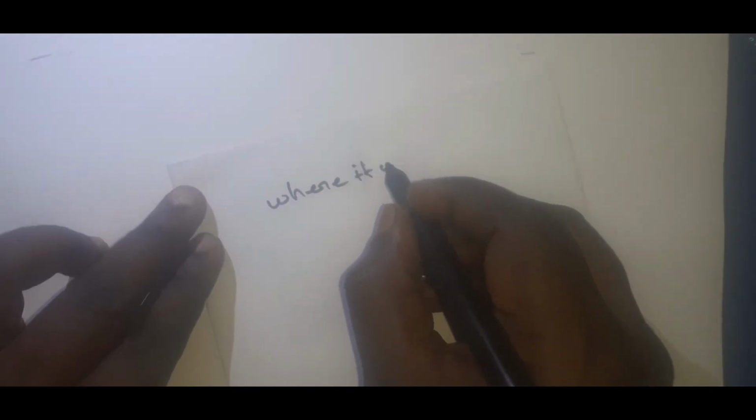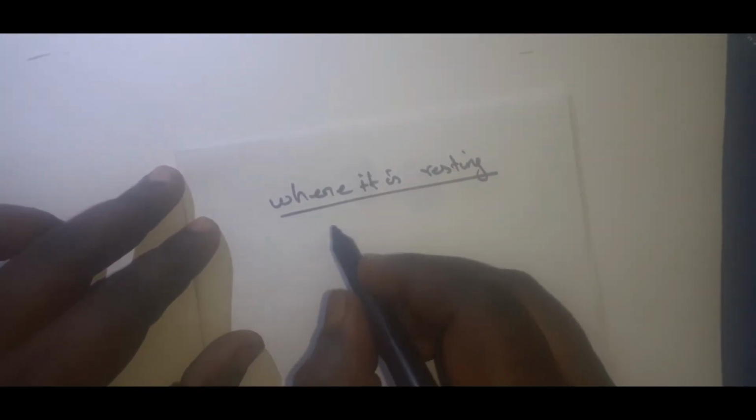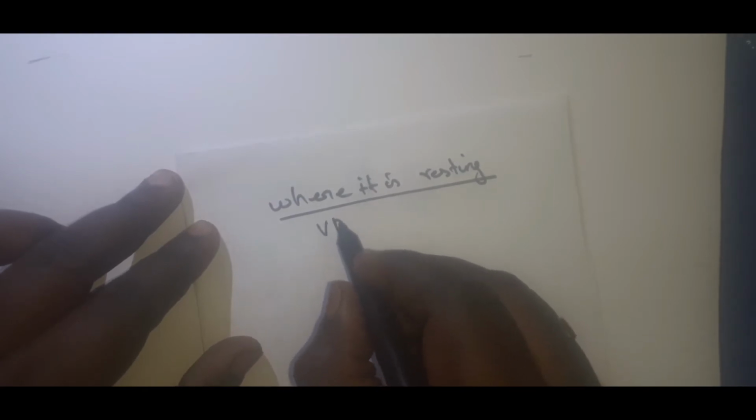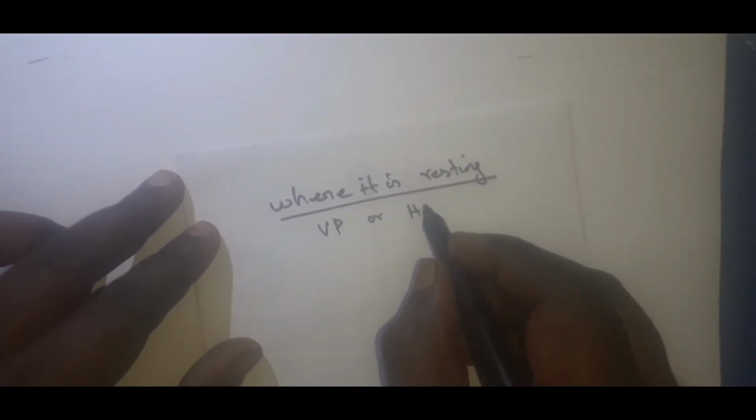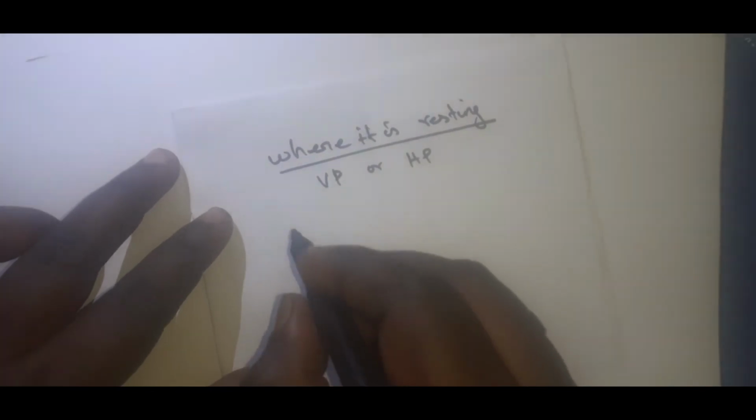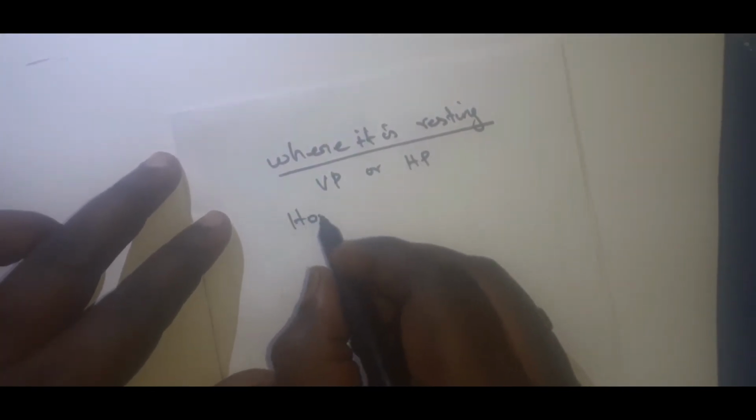For projection of solids also we have to ask where it is resting, meaning whether it is resting on the VP or the horizontal plane, vertical plane or horizontal plane. Then how it is resting.